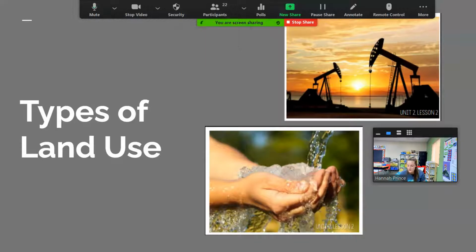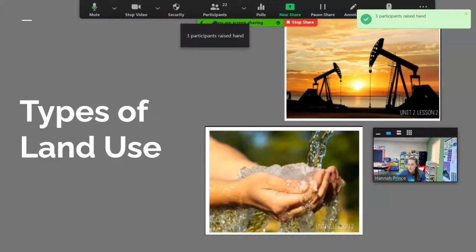Okay, this next picture, the water, we all say that that's a natural resource and we all need it to survive. So my question is, who can answer this? What would happen if we didn't have this natural resource of water? Why is the water so important to us?